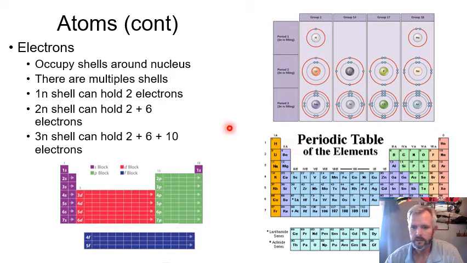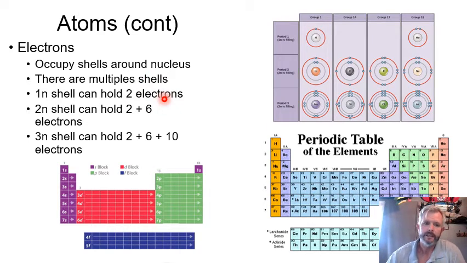The atomic number will tell you how many protons, but it'll also tell you how many electrons. And the electrons are going to give these atoms their reactivity with other atoms. Some of them want to form bonds, some of them do not, because of the number and arrangement of electrons that they have.